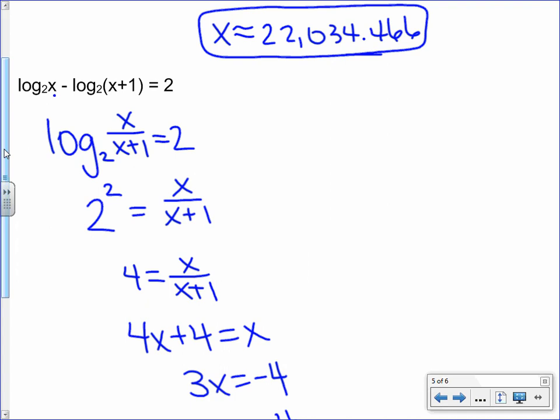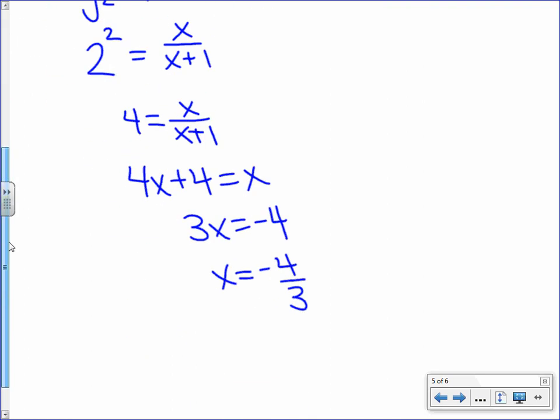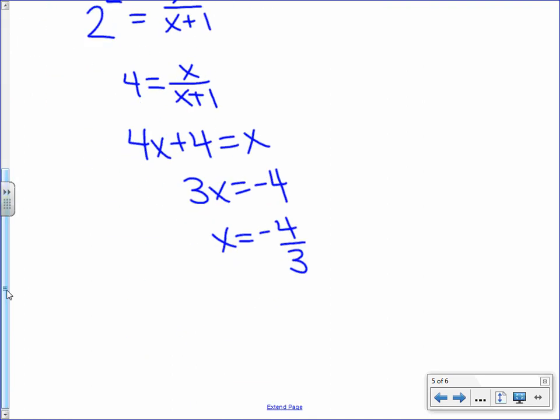Can I have log base 2 of negative 4/3? No. So while we found this solution, it doesn't work, which means this problem has no solution. Okay. Always check to make sure that your solutions make sense in your original problem.